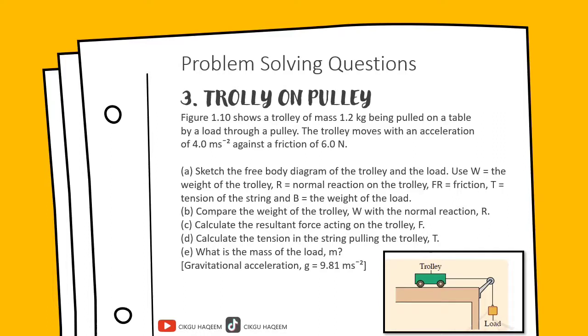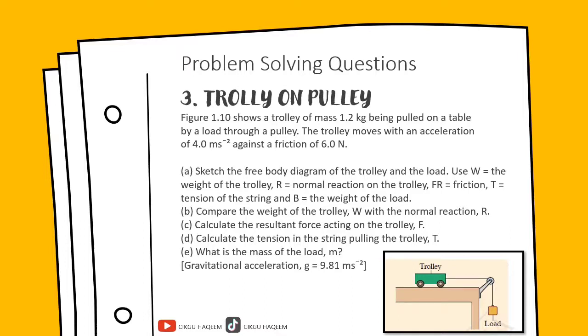So for the first question, sketch the free body diagram of the trolley and the load. They ask for two free body diagrams. First one is for the trolley, and after that is for the load. Use W for the weight of the trolley, R for normal reaction on the trolley, FR for the friction, and T for the tension of the string.